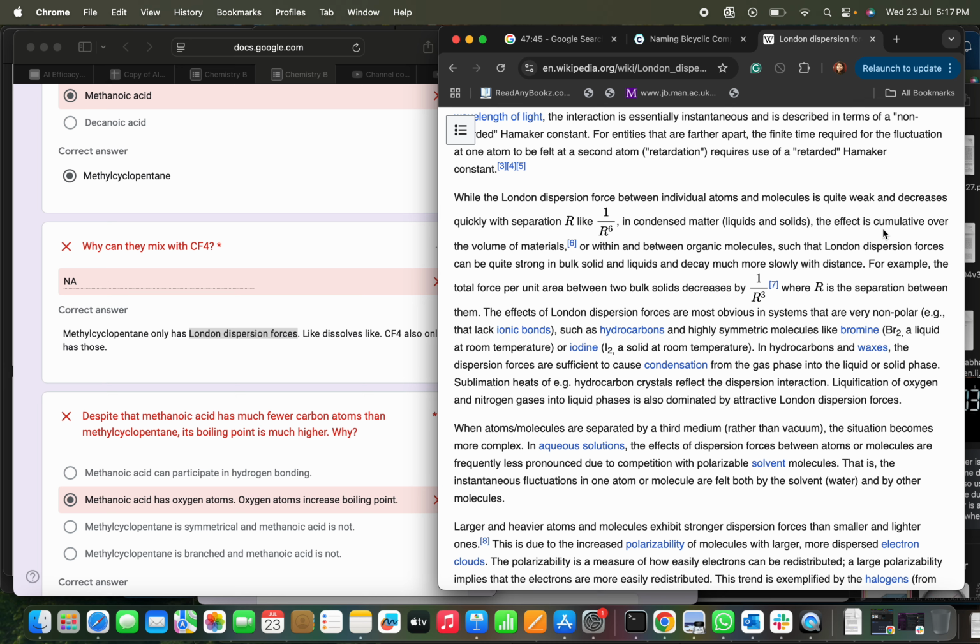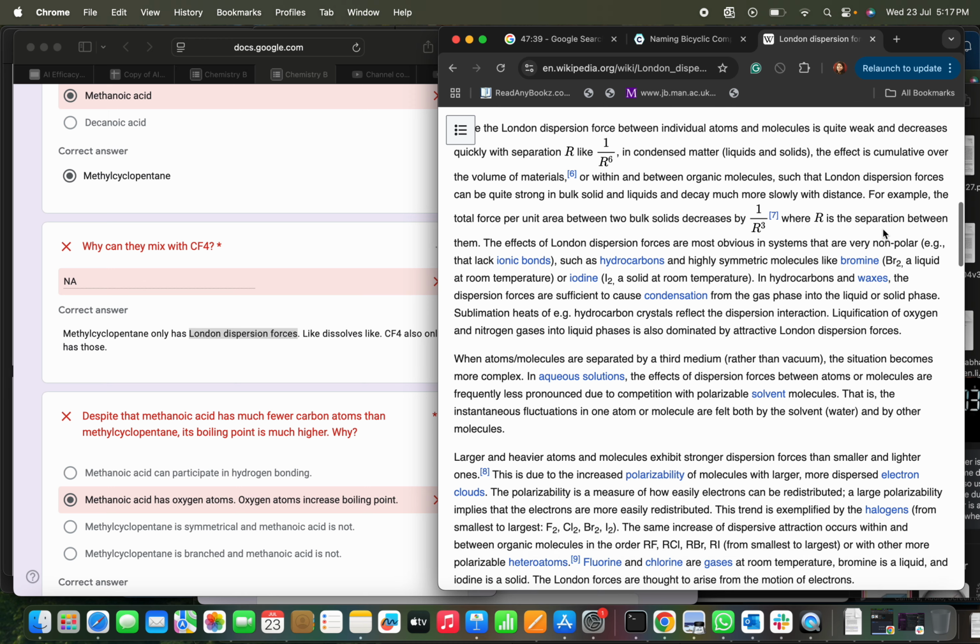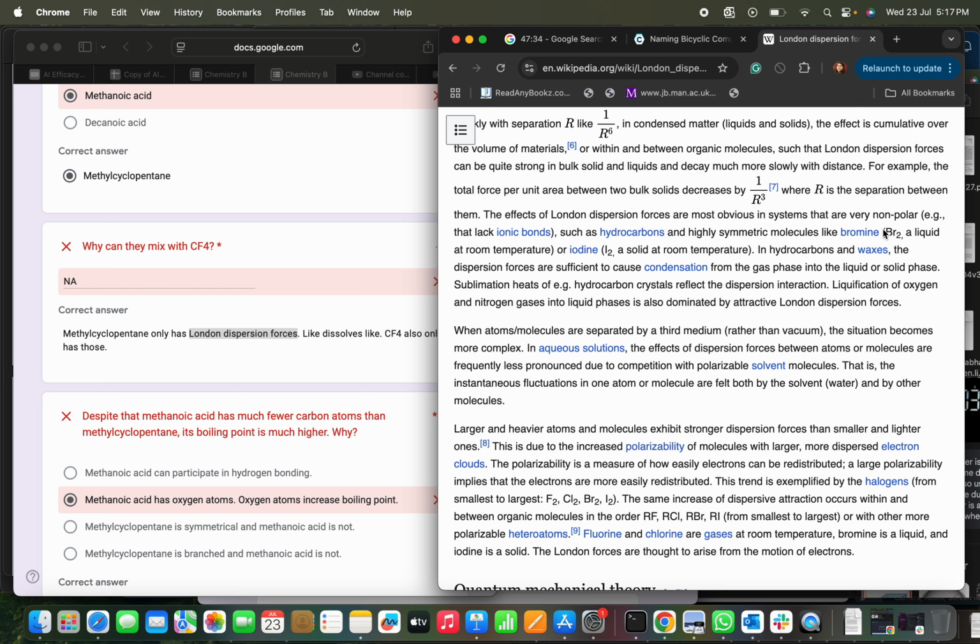This effect is cumulative over the volume of materials. So as we bulk up the materials, the effect enhances in bulk solids and liquids and decays much more slowly. The effect is most obvious in systems that are very non-polar, such as hydrocarbons and highly symmetric molecules, or iodine.